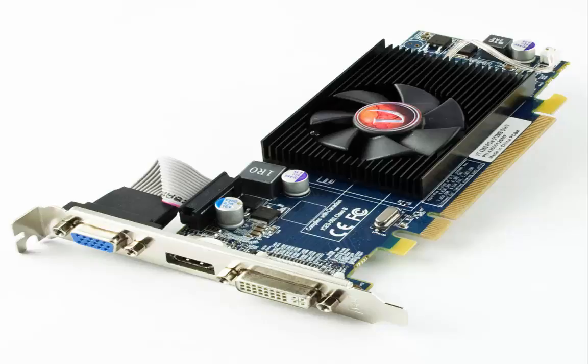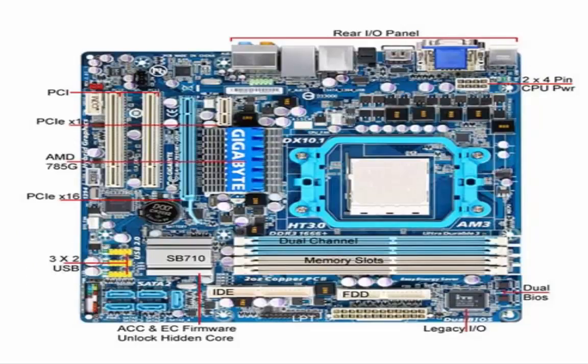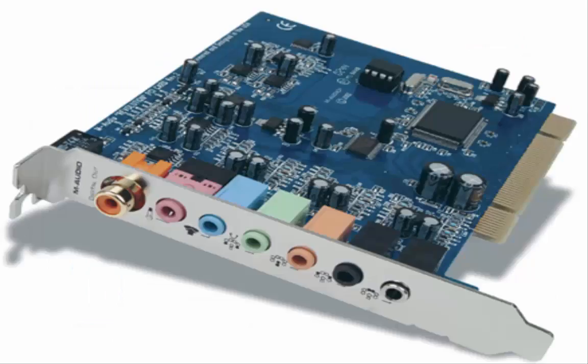So that is just basically a graphics card which goes into the port we have just seen on the motherboard. And what is a sound card? Sound card is this, which basically just controls all the sound, especially if you have a home theater or something like that. So sound card is very important, and that too goes into the slot provided by the motherboard.